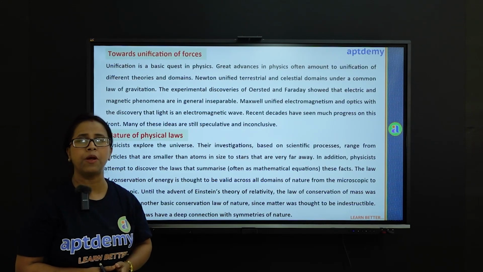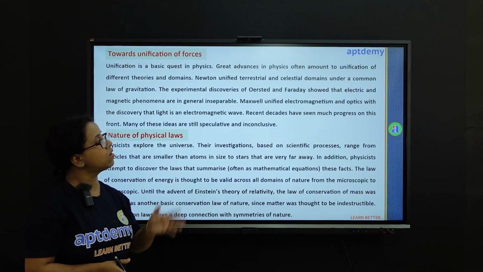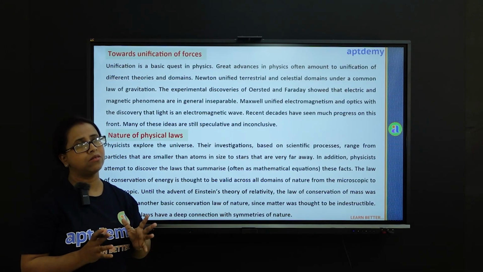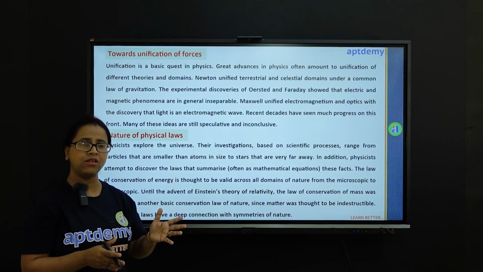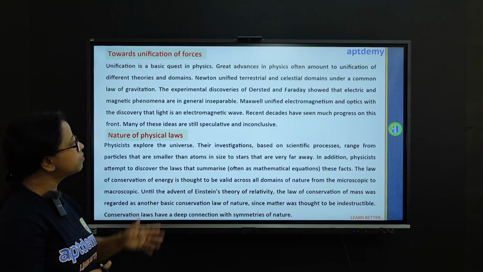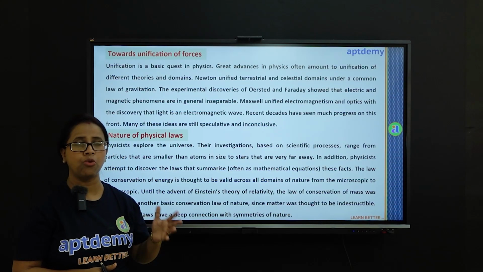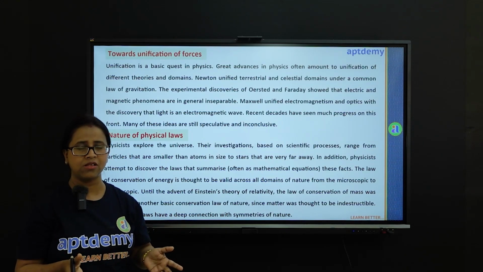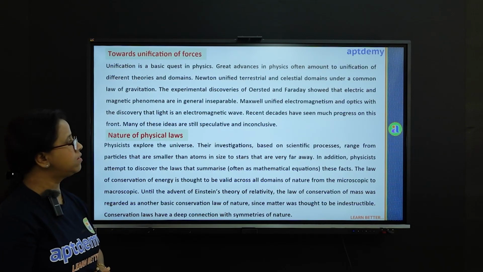Similarly, we have the experimental demonstrations provided by Oersted and Faraday, which tell us that the branches of electricity and magnetism are also interconnected. Again, it was Maxwell who unified electromagnetism with optics with his discovery that light is an electromagnetic wave.